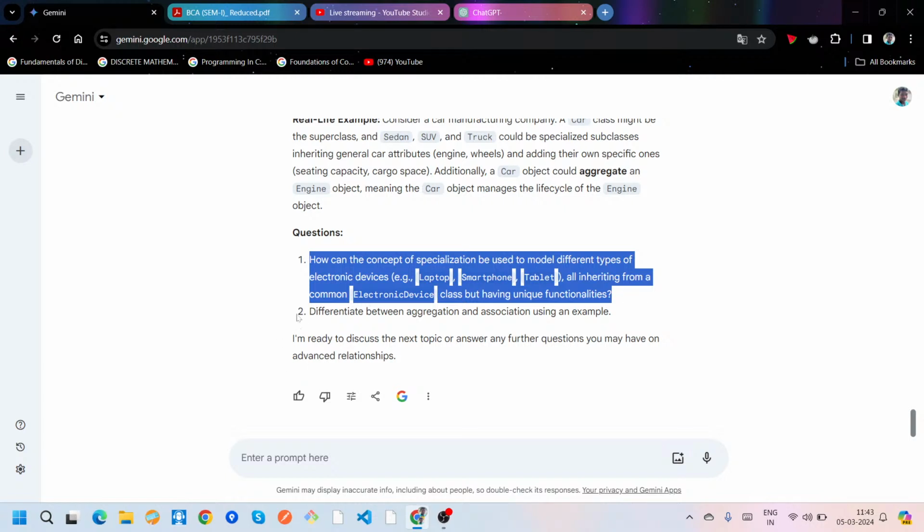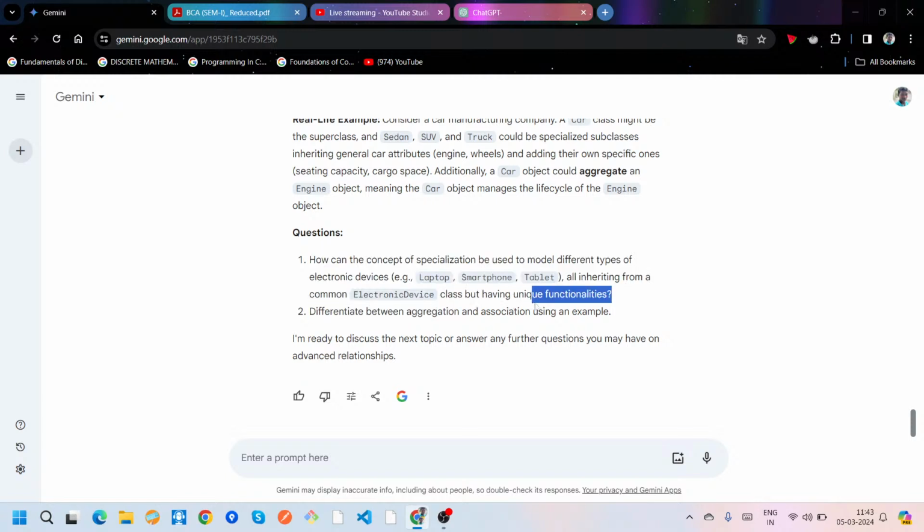Second question: differentiate between aggregation and association using an example. You can also note down these questions in your notebook and solve them by yourself.